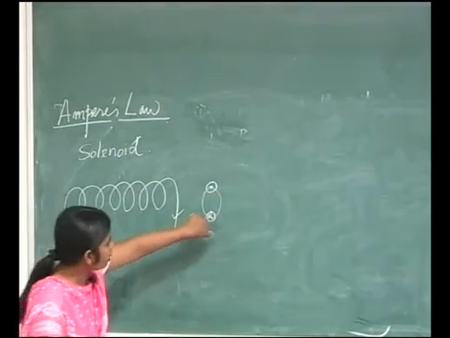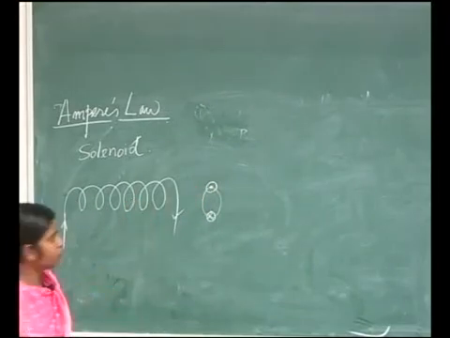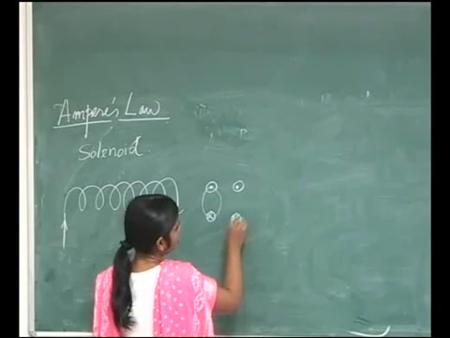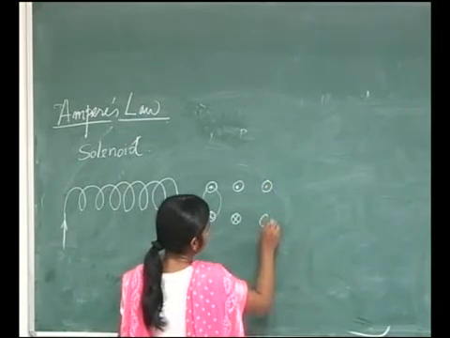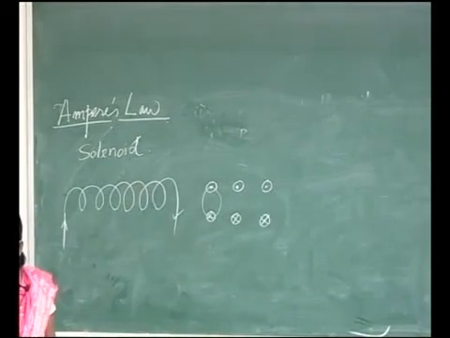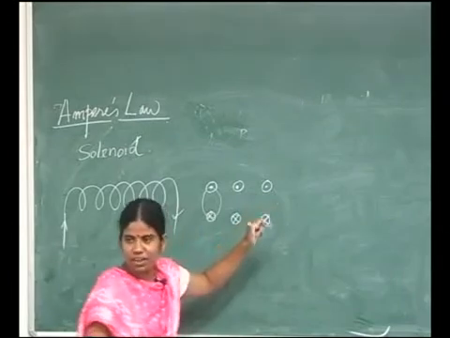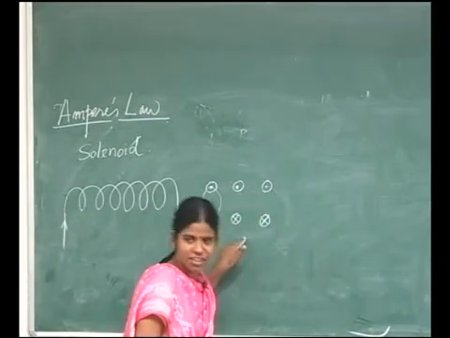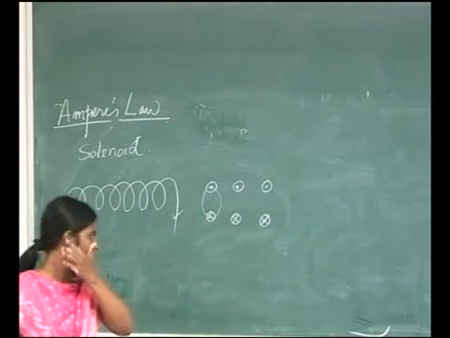Another one like this, another one like this. So there can be n number of loops. For every loop I will have these 2 points, current going into the surface and current coming out of the surface. Okay, that is fine.